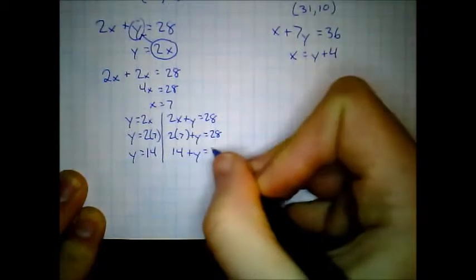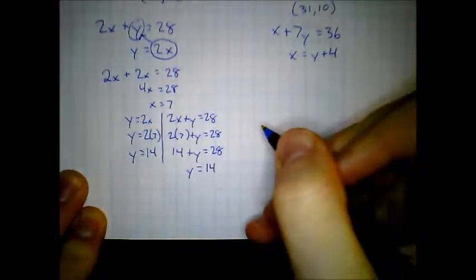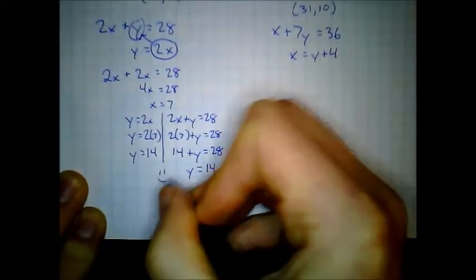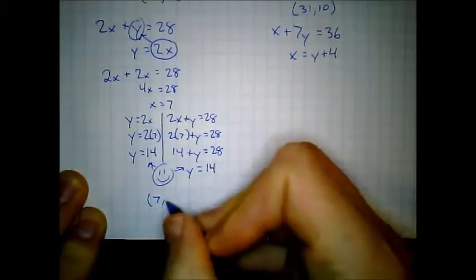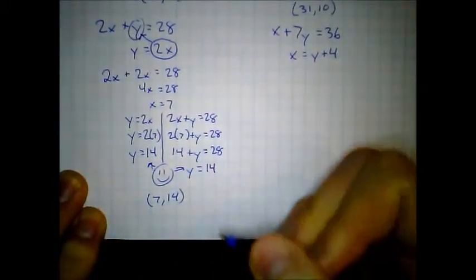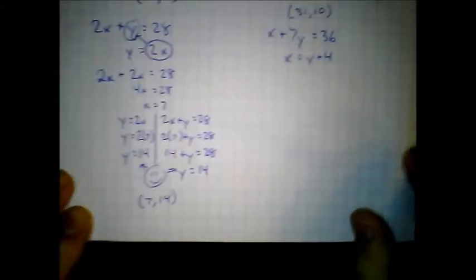So we have 14 plus y equals 28, and we subtract 14 from both sides. So we also get y equals 14. Okay, these are the same, which makes us happy because we know we did it right. So in both of these tile patterns, figure 7 has 14 tiles. These two lines will intersect at the point (7, 14).